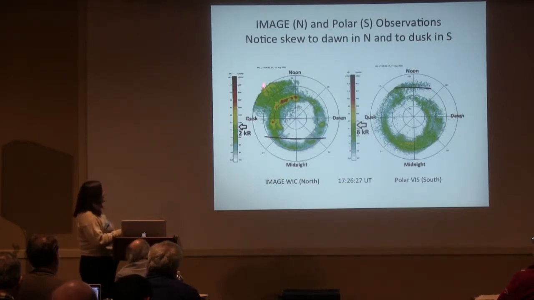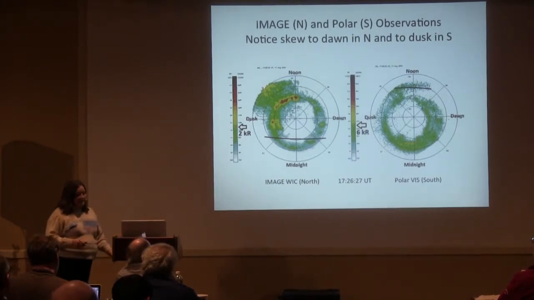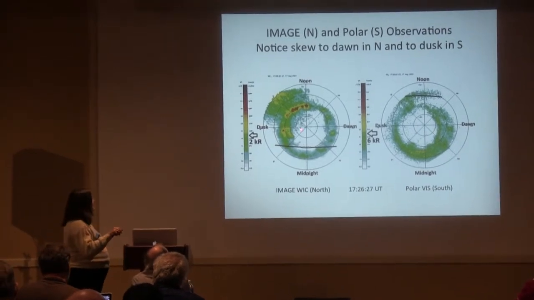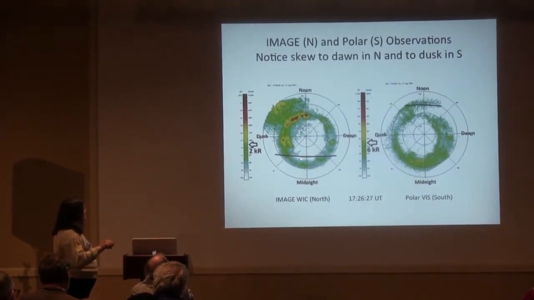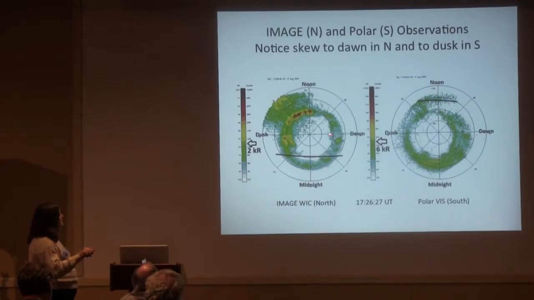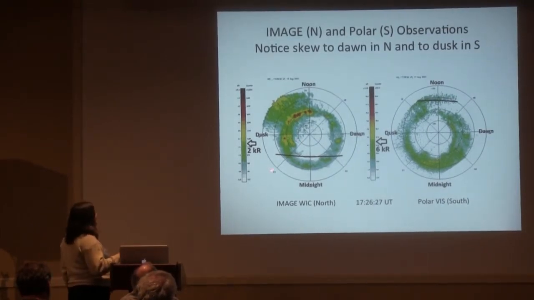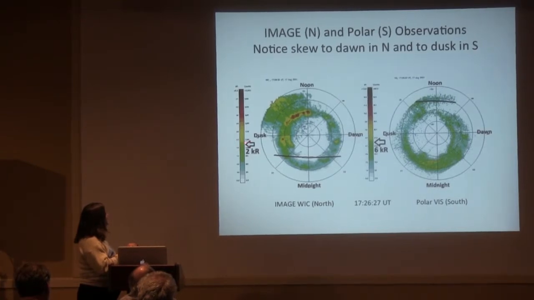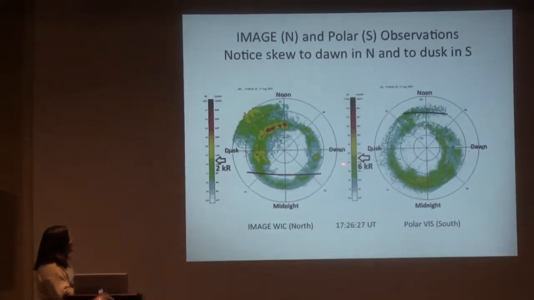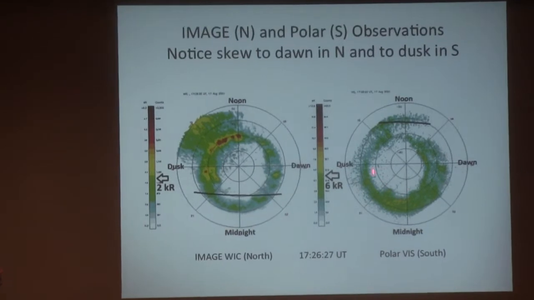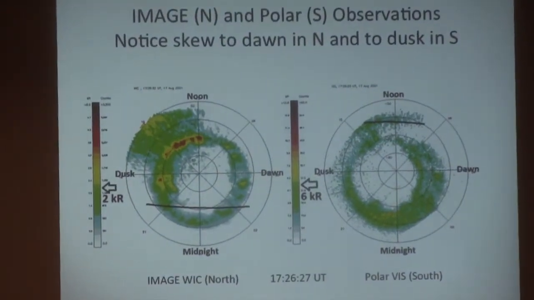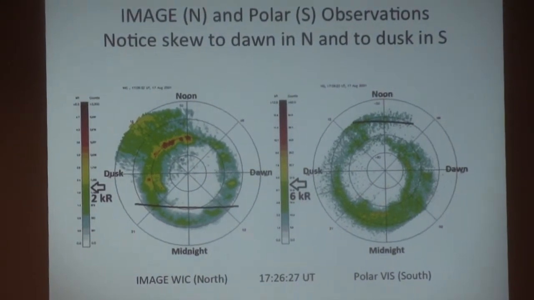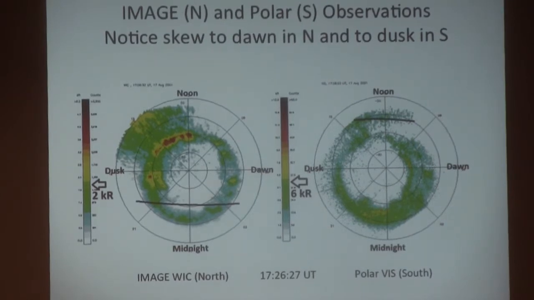And they're slightly different instruments looking at slightly different wavelengths, and so we chose an operational definition of the open-closed boundary as being about 2 kilorayleigh for WIC and about 6 kilorayleigh for VIS, because you can get a nice clean boundary of the polar cap from the aurora that way.